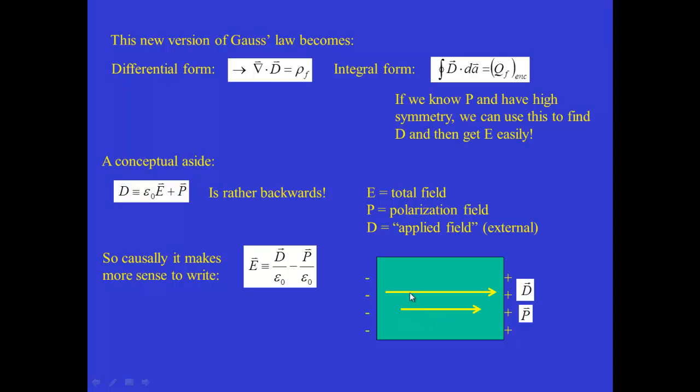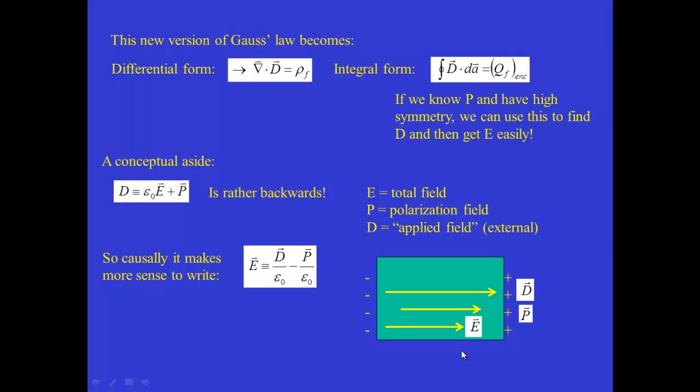Because due to these surface charges, a positive charge would feel a force away from positive and toward the negative. So the actual electric field associated with P would point to the left, and therefore the net field would be the sum of the two, which would be D minus the P vector, and that's the net field E.